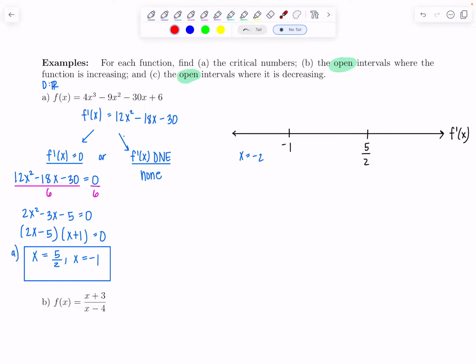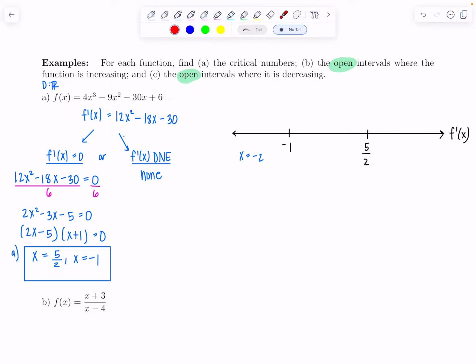And actually the best place to figure out whether or not the derivative is positive or negative here is not the original version, but right down here where you factored. Because watch this. -2: 2 times -2 minus 5, that's negative. And then -2 plus 1, that's also negative. So I have a negative times a negative.